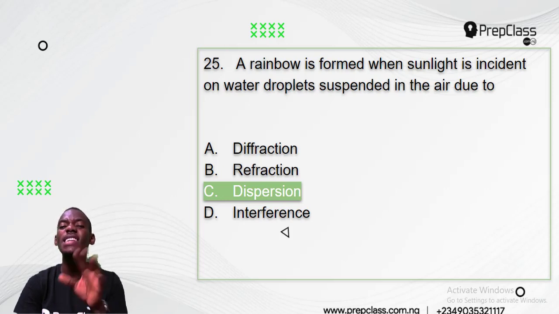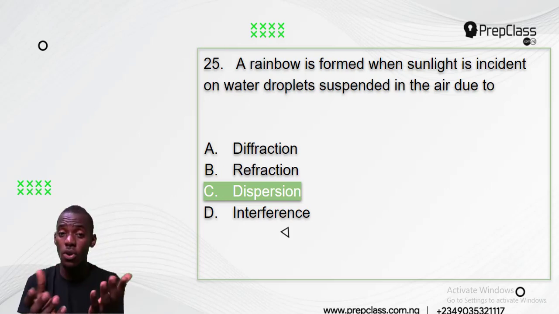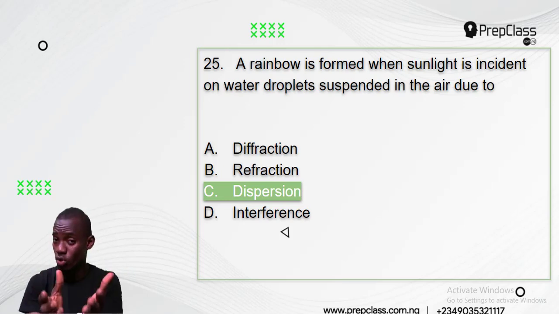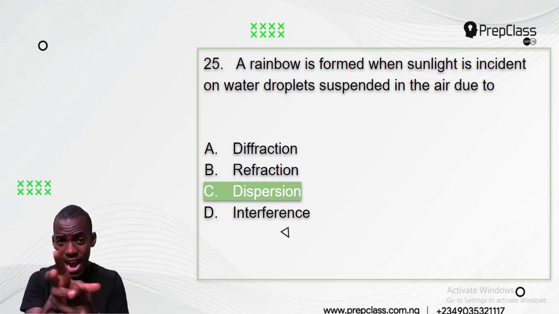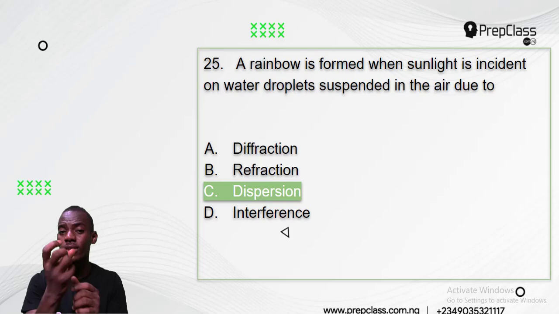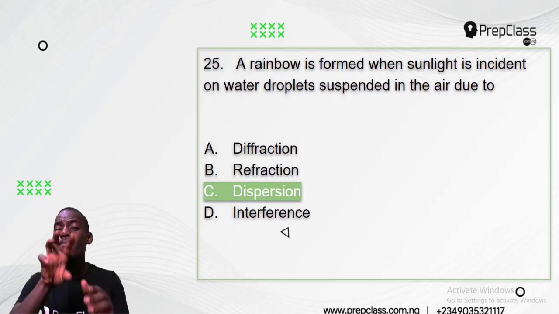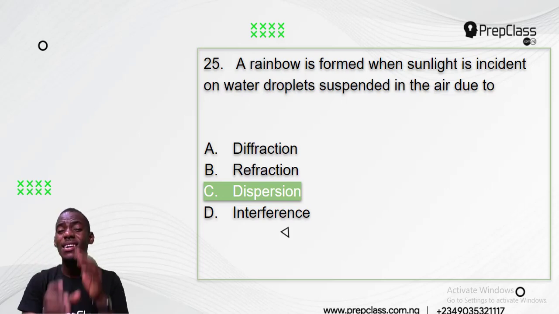Dispersion is the splitting of light into 7 colors. That's true. But the process that creates it is refraction, the bending of the sunlight. The sunlight bends to create 7 colors, and that process is refraction, not dispersion.